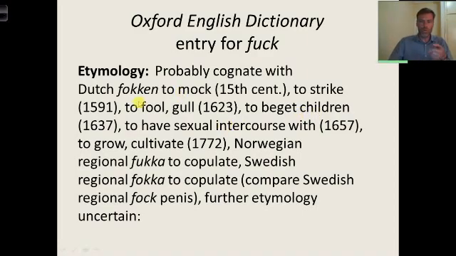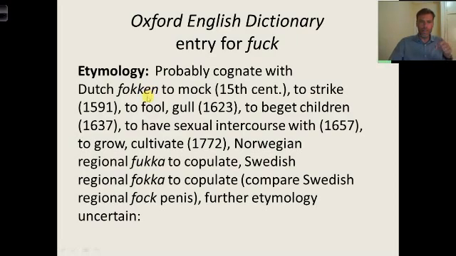So these are words in related languages that seem to be related both by form and by meaning. And what that suggests then is that there was probably an ancestor word from an ancestor language that predated both English and Dutch, where these words descended from that.